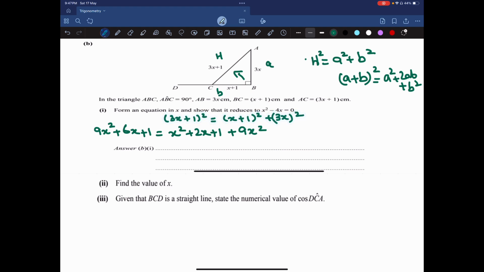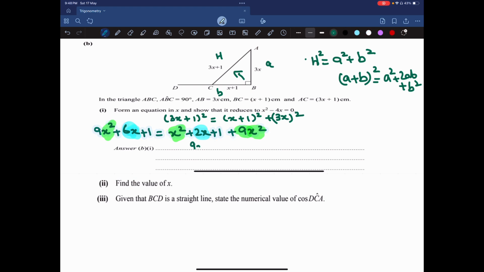Okay, let's simplify the expression by collecting like terms together. Okay, so what are the like terms? So x square, x square, x square, x, x. Okay, so let's collect them together.